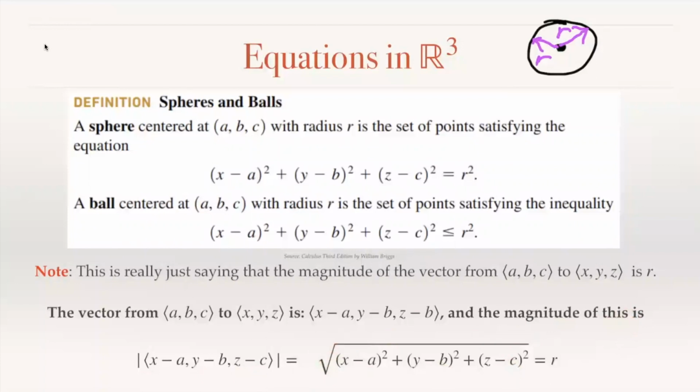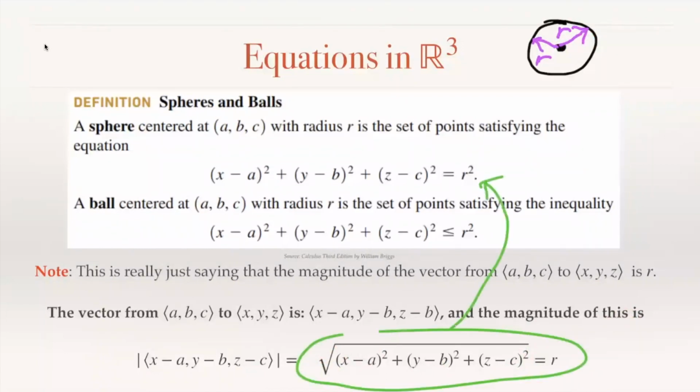And we want that magnitude to always be r. So you just take this equation and square both sides. Squaring both sides gets rid of the square root on the left and makes the right r squared. And we wind up with this. So that is our equation of a sphere of radius r centered at (a, b, c).